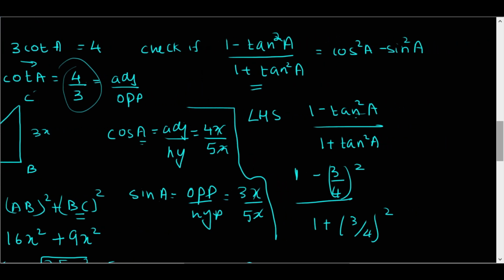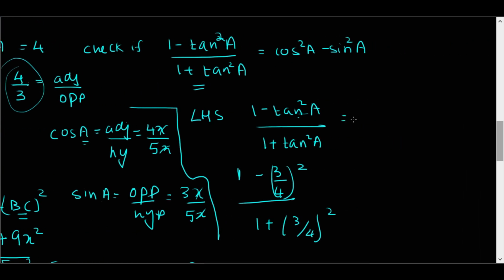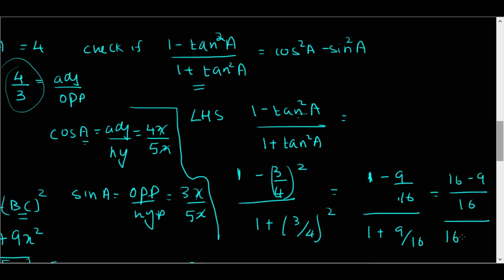That would be equal to 1 minus 9 by 16 by 1 plus 9 by 16. Taking the LCM, that's 16 in the numerator and 16 in the denominator: 16 minus 9 by 16, 16 plus 9 by 16.